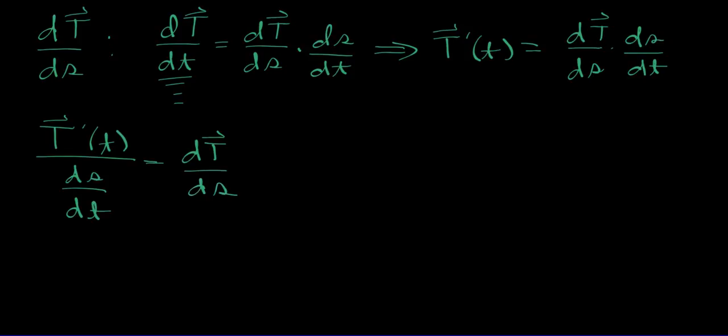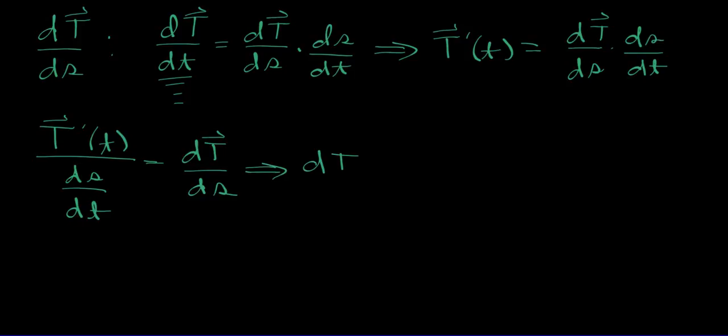We're almost where we need to be, because look at what I've done here. But you might say, there's still the s. Well, remember what ds/dt is. That's the magnitude of r prime of t, right? Isn't that what that is? We just looked at that a minute ago. So here's what we've got.